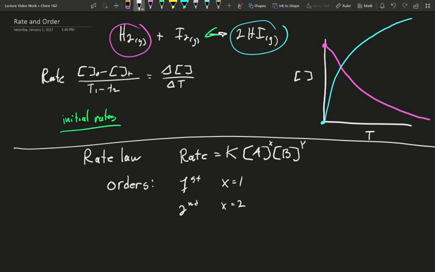They have different effects. Generally, things tend to be first or second, occasionally zeroth, where they just don't matter. Sometimes one chemical concentration doesn't matter. The speed of the reaction is determined completely by other chemicals. They have to do their thing before they will find the thing to the zeroth order.